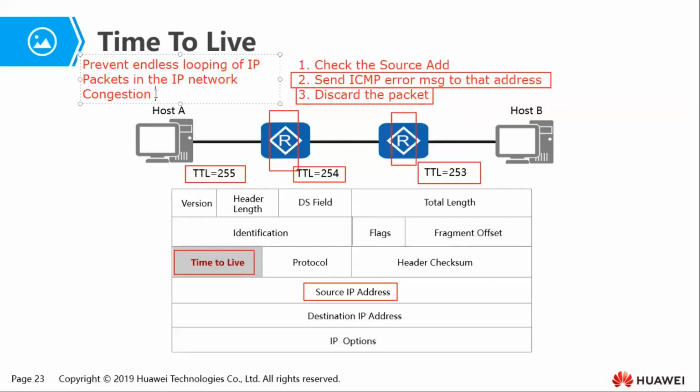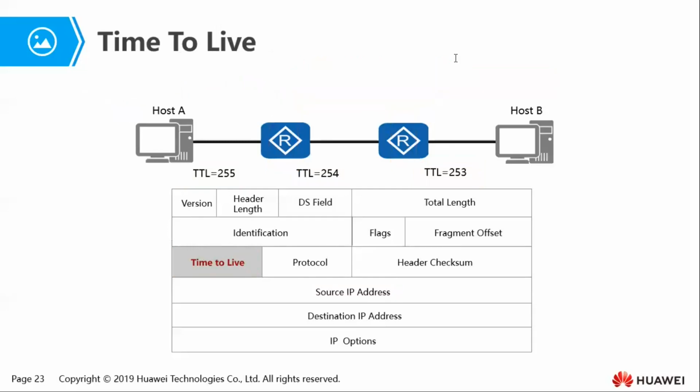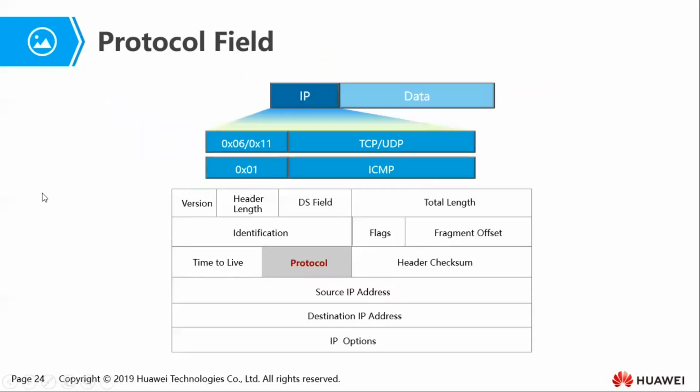If this was possible, the internet could not work, because we would have so many packets just wandering there forever. So in order to avoid that endless looping and wandering of packets in our network and the internet, the TTL value serves that purpose. How? If a router receives a packet and the TTL value is 0, it will do these 3 things, as I've explained. So that is the purpose of the TTL field.